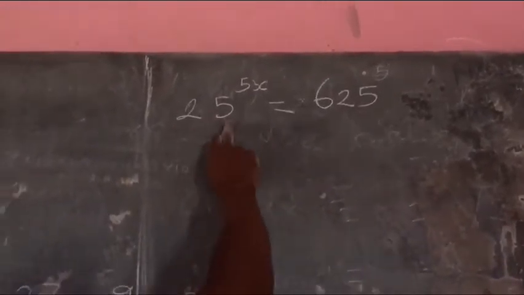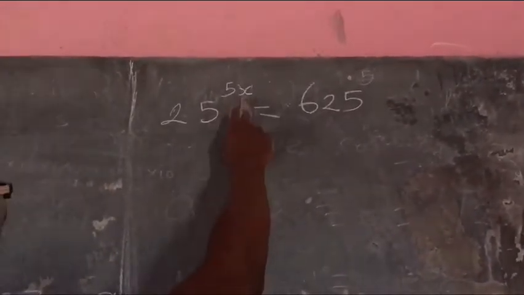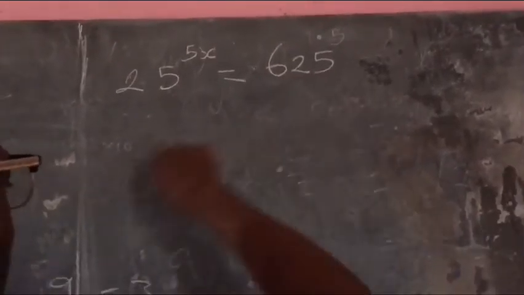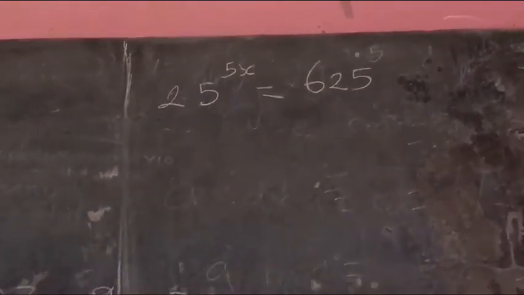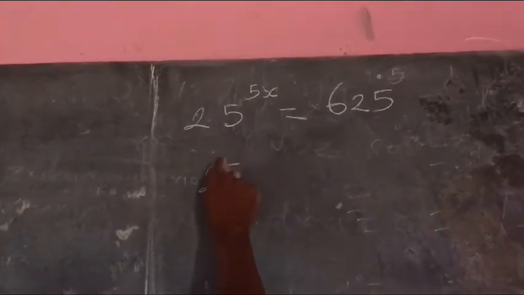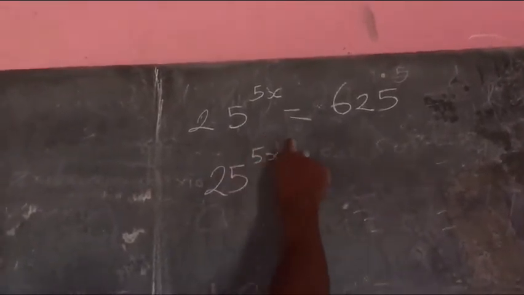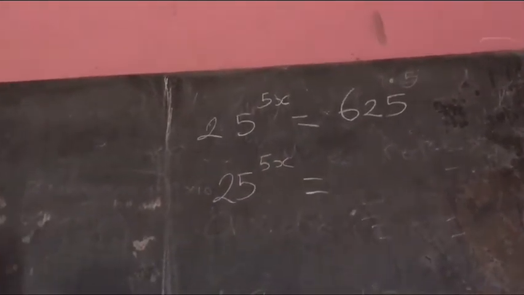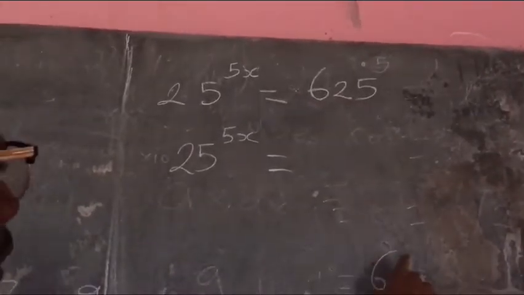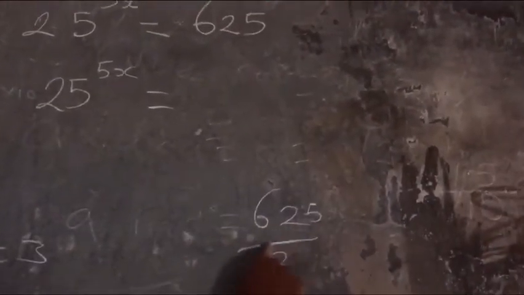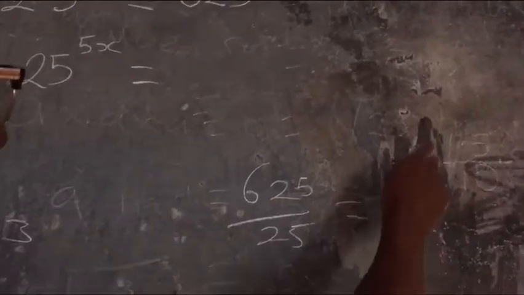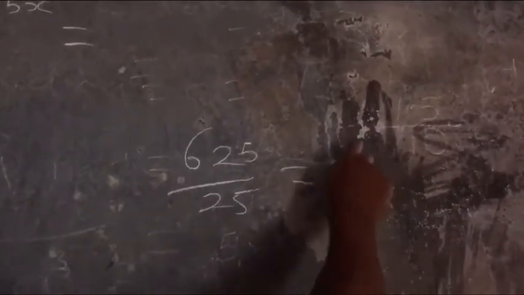So 25 raised to power 5x is equal to 625. So from here, I get this. Then if I take this one, divide by 25, I'll get 25. If I divide that by 25, I will have 25.